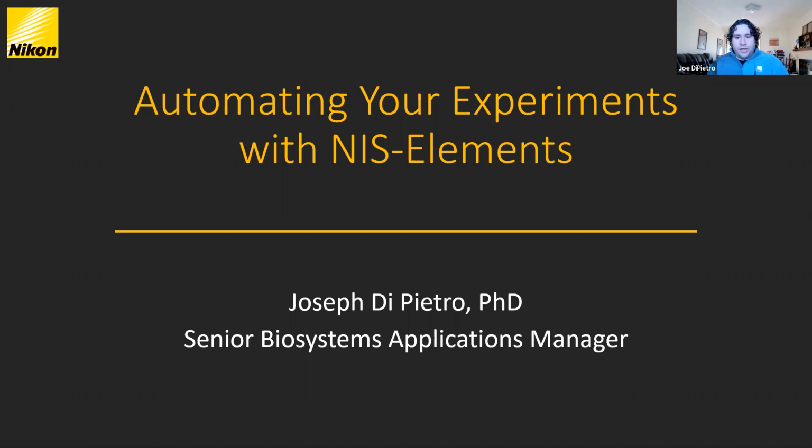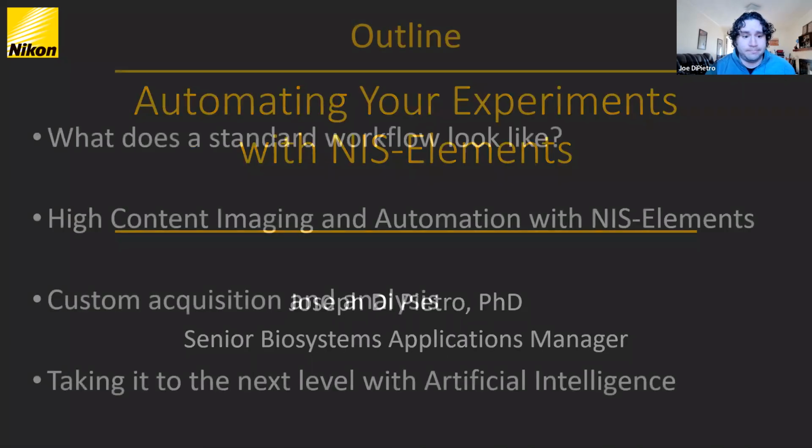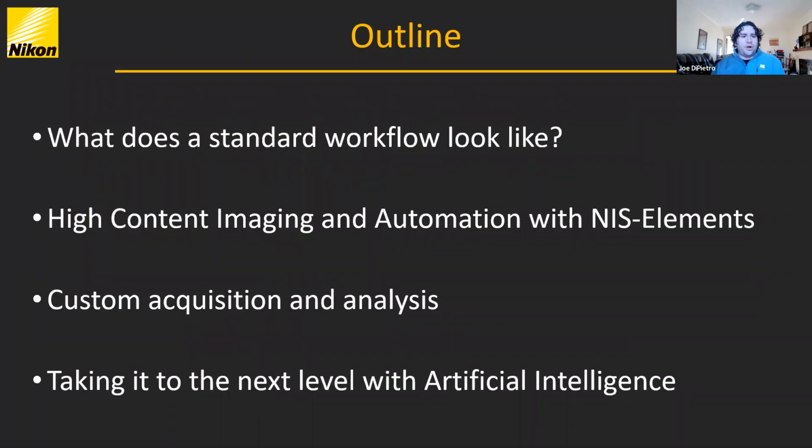So without further ado, I'll get into it. I think a lot of you are probably familiar, but when I talk about Nikon software, I'm talking about NIS-Elements. So: automating your experiments with NIS-Elements and some of the tools within it. I'll start off with what a standard workflow looks like. A lot of you who are doing microscopy will be familiar with this.